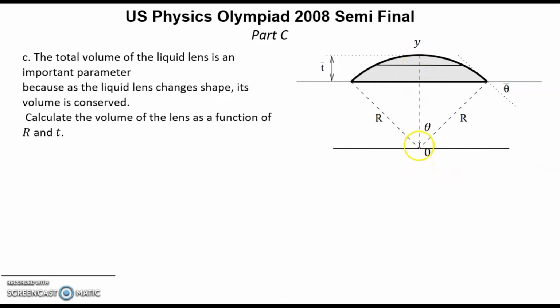Suppose that y starts in the center of this circle, and y direction is straight up. So the top will be when y equals r. And we have to integrate the area of the cross-section along the y direction.